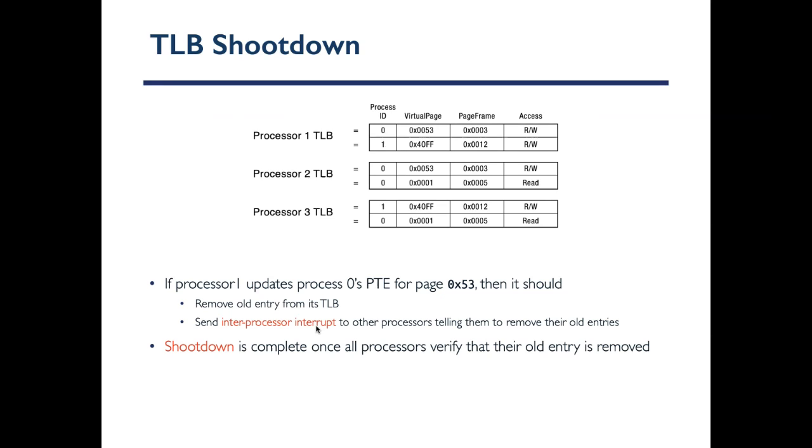This process is called TLB shootdown. It is by itself expensive, and the cost goes up as the number of processors in your system goes up, because you need to message all the processors.